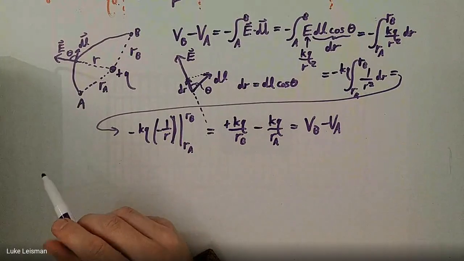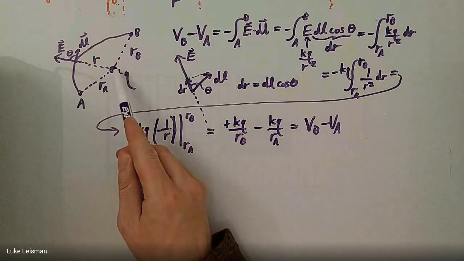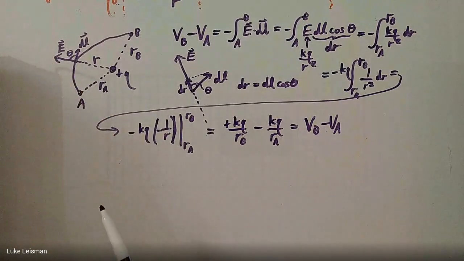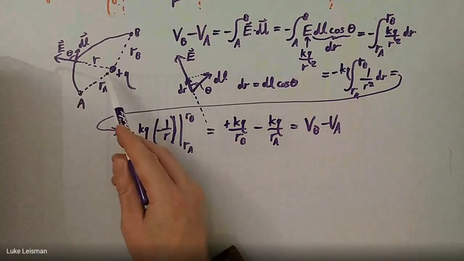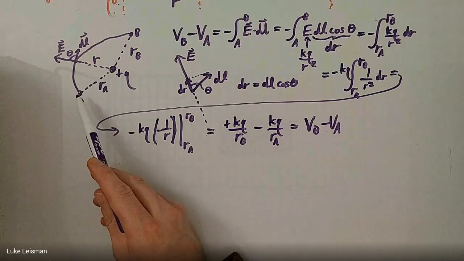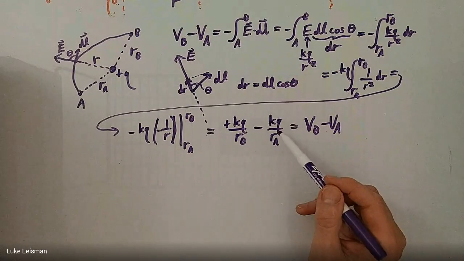So how this is normally written is, imagine we take spot A and move it as far away as we could, right? The further we move A away from this charge, the larger we make the radius, the smaller and smaller the potential value gets.